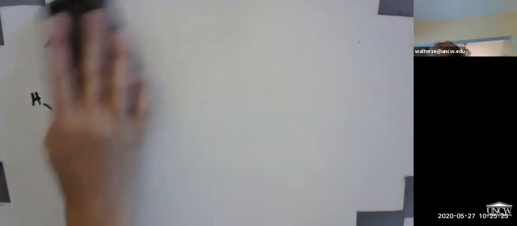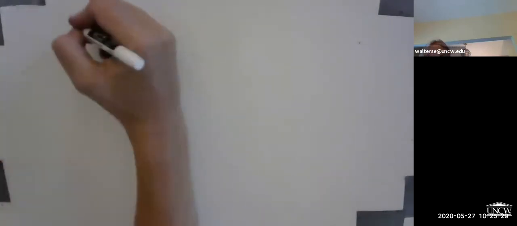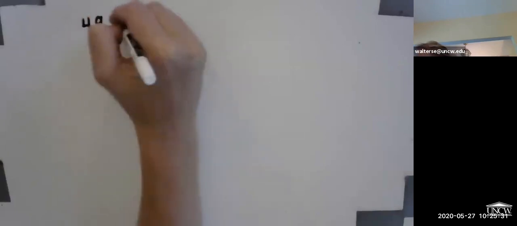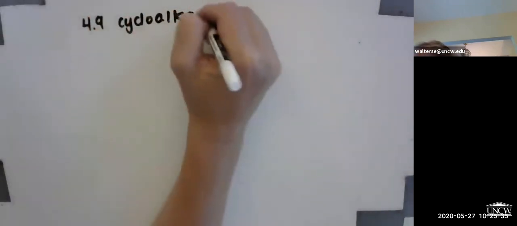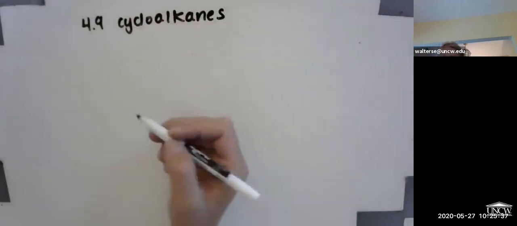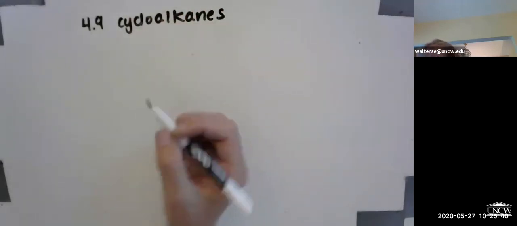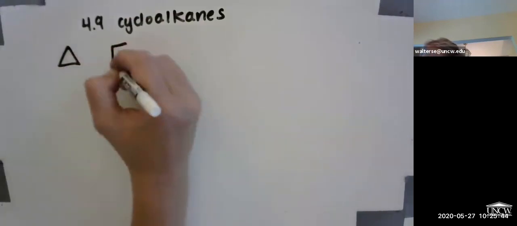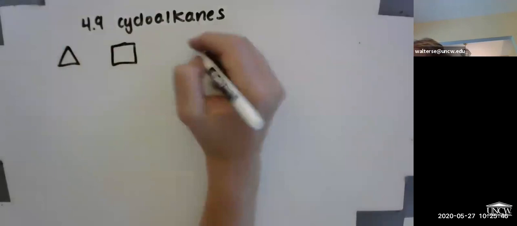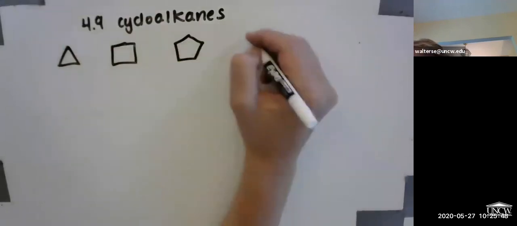Okay, so what we're moving into now is section 4.9, which is cyclohexane or cycloalkanes. You need to have at least 3 carbons in order to get a ring. And they follow the standard geometric shapes.